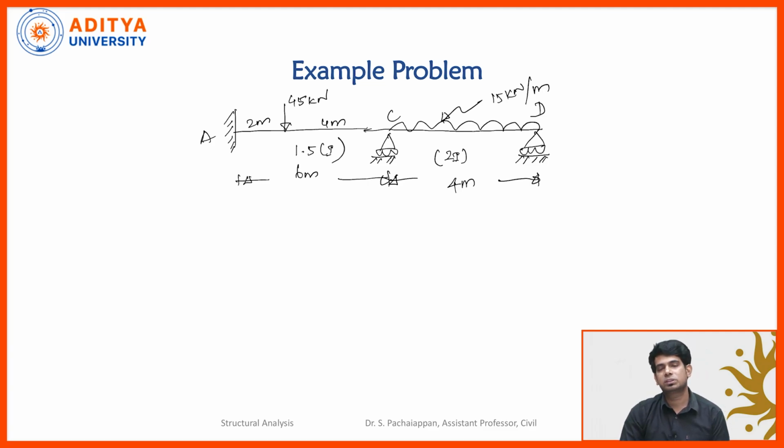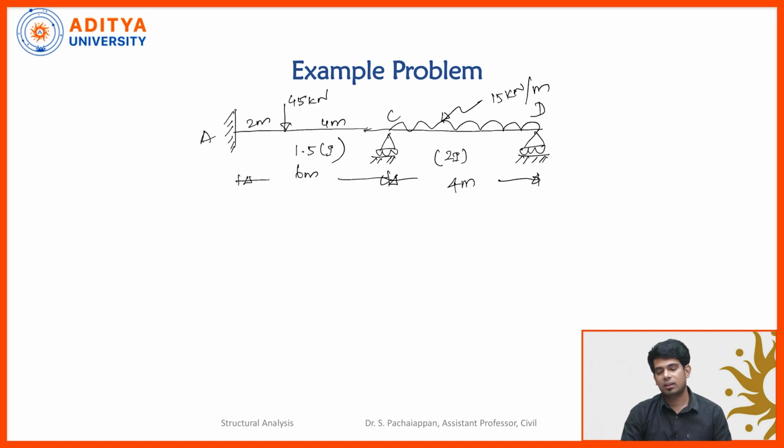Now what are the unknowns? At support A, it is a fixed support, so the rotation is 0. Support C is a simply supported but intermediate support, so moments will be there as well as the rotation.